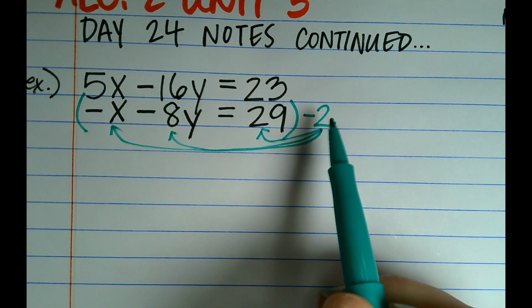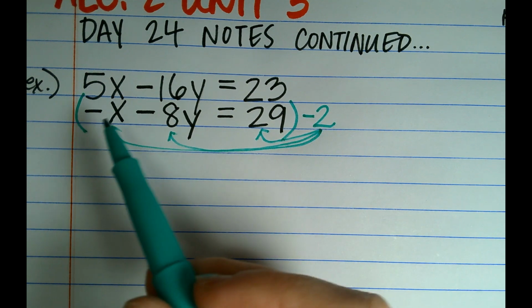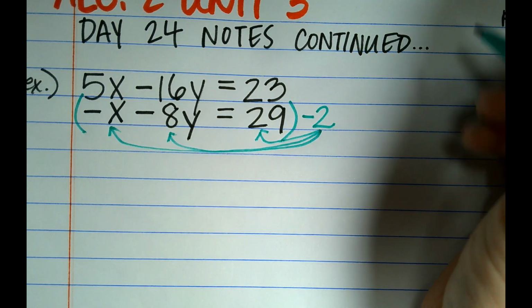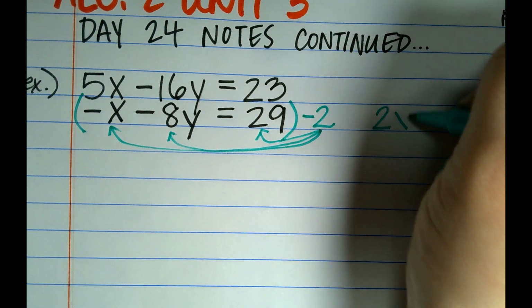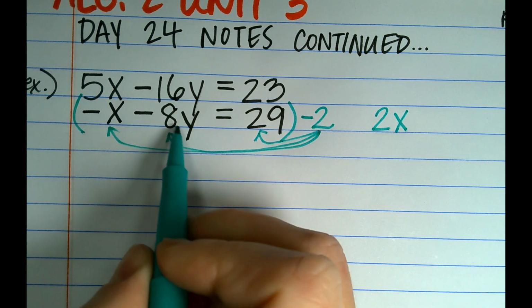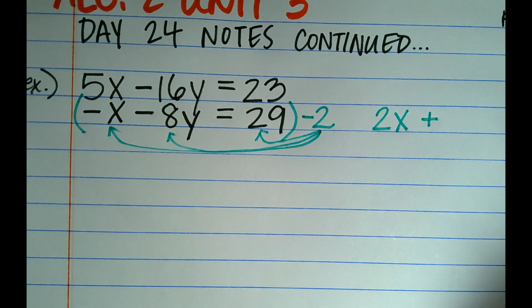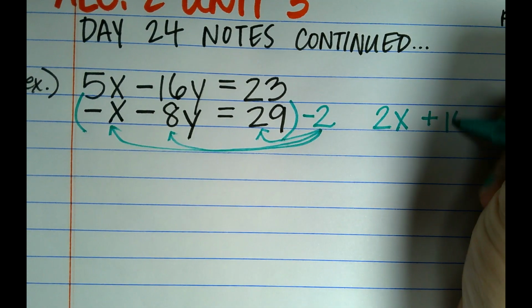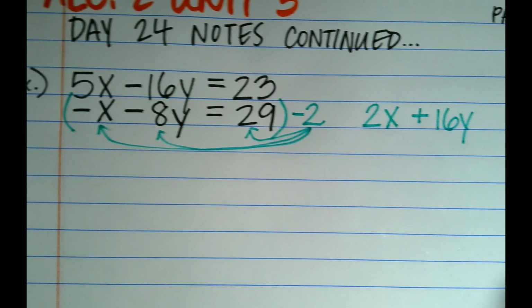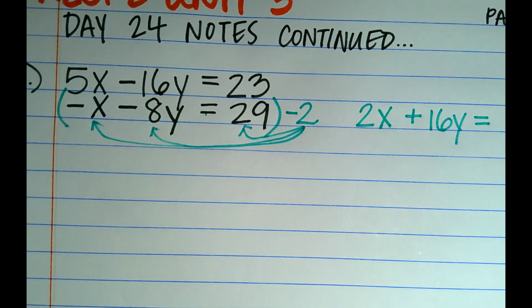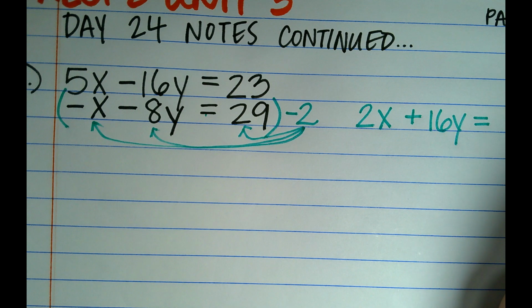Okay, so negative 2 times negative x. What does that give me? Positive 2x. Good. Negative 8y times negative 2. 16y. Good. And my equal sign, positive 29 times negative 2.